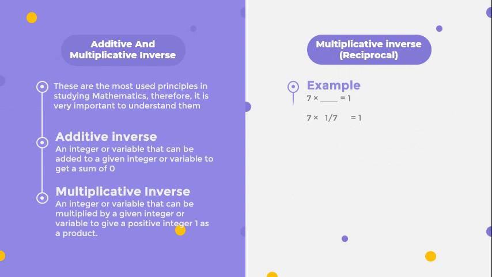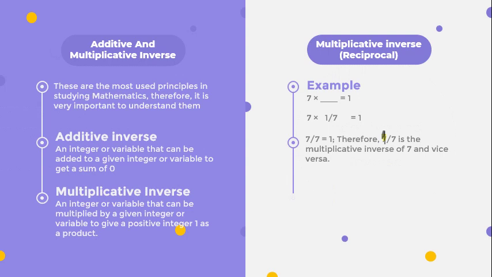So, what will be the multiplicative inverse of 7? From what we can see, we are looking for a number that we can multiply with 7 to give us 1. And that is 1 over 7. When you multiply 7 times 1 over 7, it will be 7 over 7. When you simplify that fraction, it will be equal to 1.